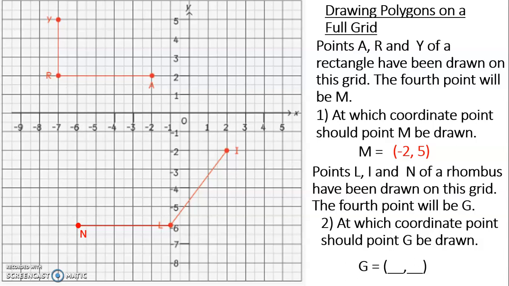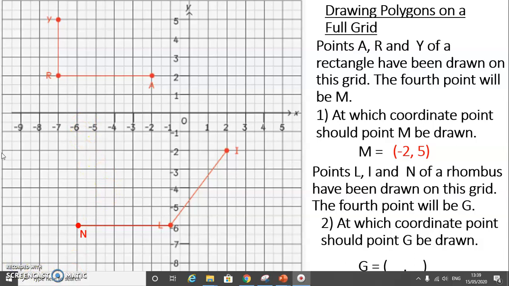Right, and a rhombus. Lots of people would refer to a rhombus as a diamond, so it's diamond shaped. Those angles are the same. One of the things we can see on this is that we have a straight line as one of the sides of the rhombus going from L to N. So that means to make a perfect rhombus, we're going to have a straight line going from I to G. So let's count how many squares or units along L to N is.